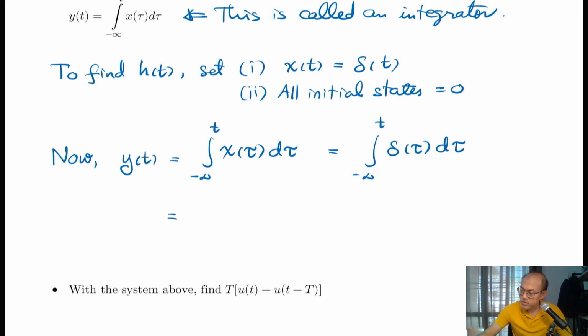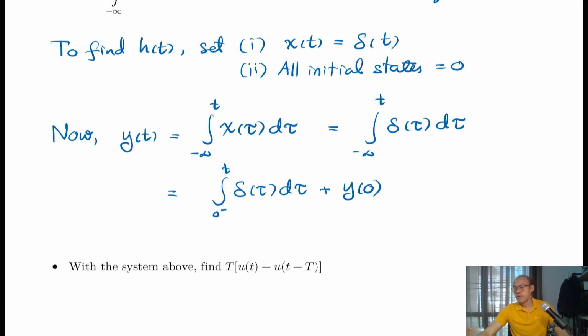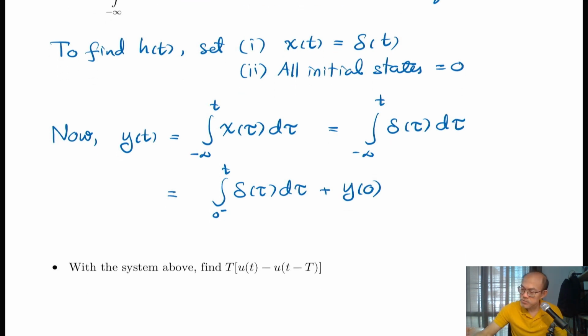The first part is the integration from 0 minus to t of delta(tau) d tau, plus y at time 0. And y at time 0 here is the initial state term.